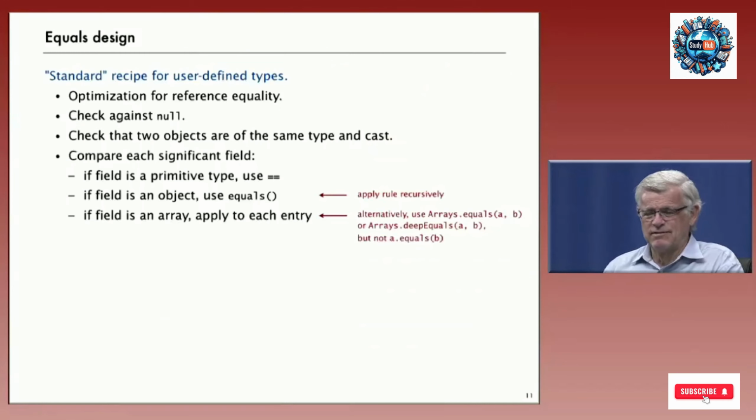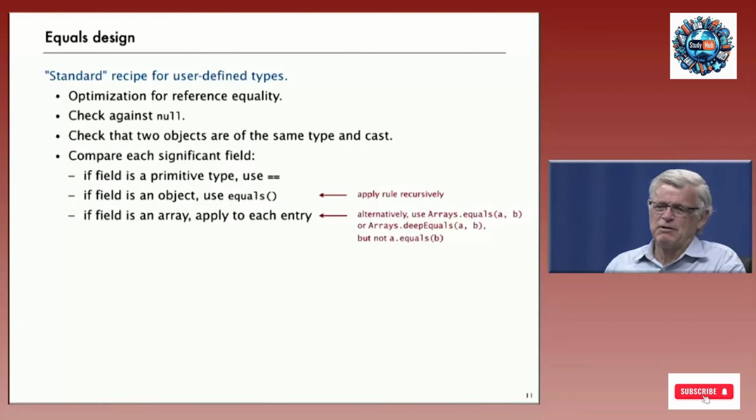So that's the standard recipe for a user-defined type, in words: optimize for reference equality, check against null, make sure they're the same type and do the casting, and then compare all the significant fields. If one of the fields is an object, then you use that object's equals, which applies the rule recursively.